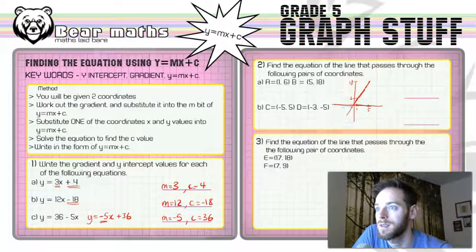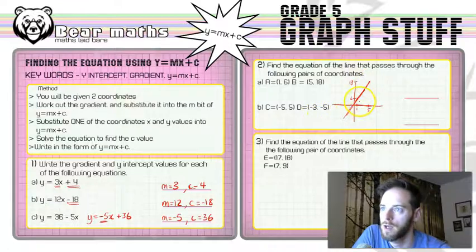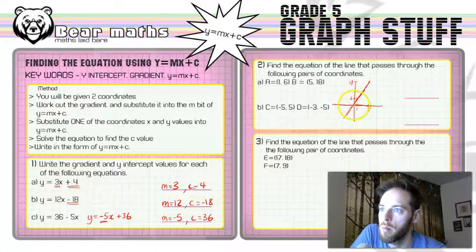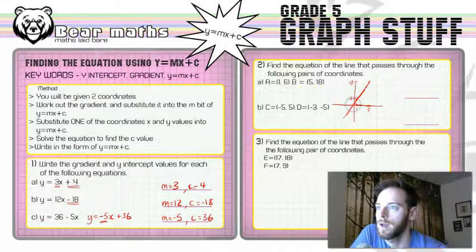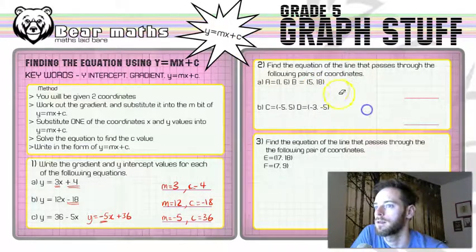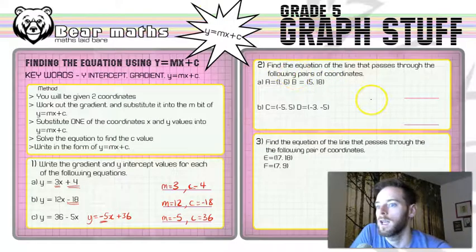What we see by doing that sketch is it's got a positive gradient for sure, because left to right you're going uphill. Definitely a positive gradient. Probably a positive y-intercept value as well, but that's very difficult to see. But we'll get rid of that and do some working out.